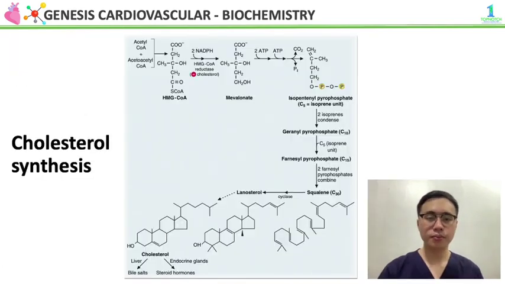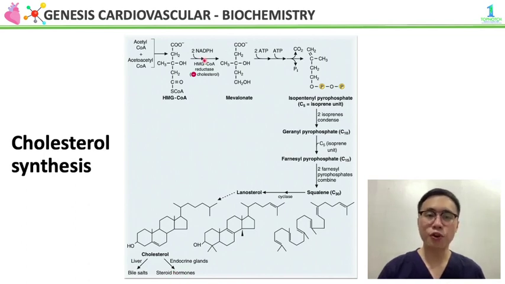No? So let's take a quick look on the pathway involved in cholesterol synthesis. So here you have acetyl-CoA plus acetoacetyl-CoA yielding HMG-CoA. And in the presence of 2-NADPH and HMG-CoA reductase, it will become mevalonate and undergo a series of reactions eventually yielding cholesterol as well as its derivatives, such as the bile salts and the steroid hormones.